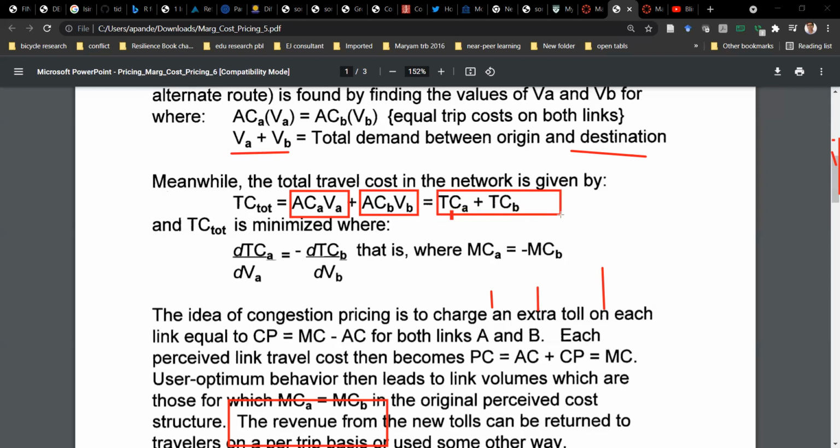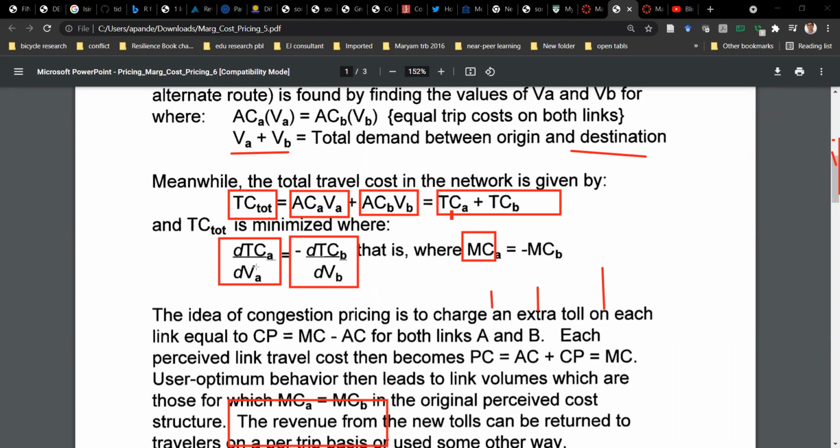And if you want to minimize this as a function of VA and VB, you take the derivative with respect to VA for route A. This is the derivative you take, and then you set that equal to 0 basically. So then this is what you will get. So that when marginal cost of route A, and then remember, the derivative represents, if I want to minimize the total cost, I take the derivative with respect to route A and route B total volume and equate that to 0.